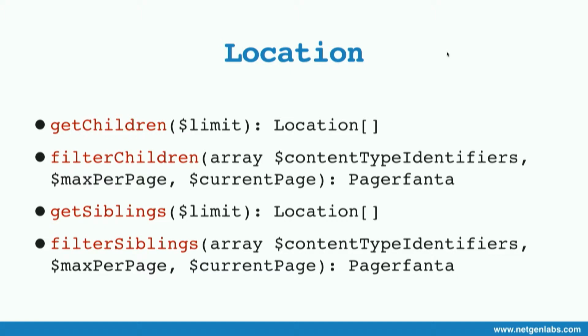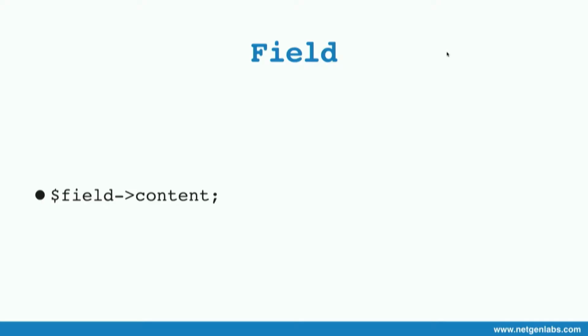You can get children, filter them by the content type identifiers, and same for the siblings. And lastly, we updated the field, aggregating the content. So it was kind of recursive. You could pass the field to the included template, and then by the need, you could access the content again.